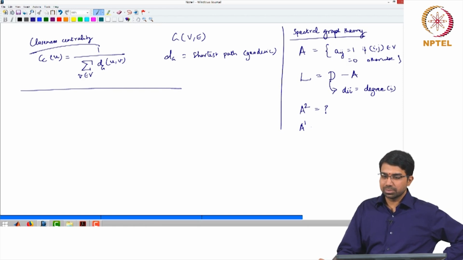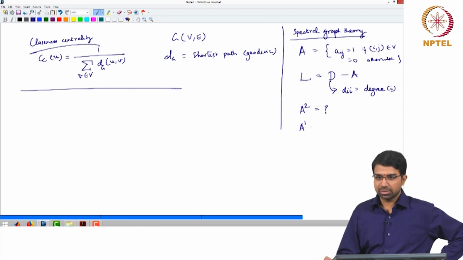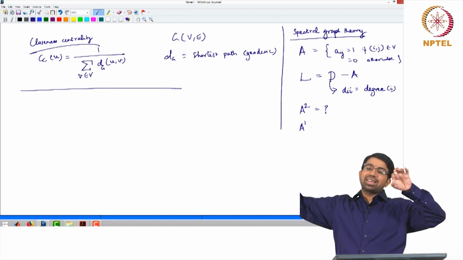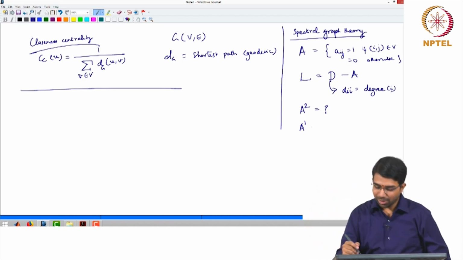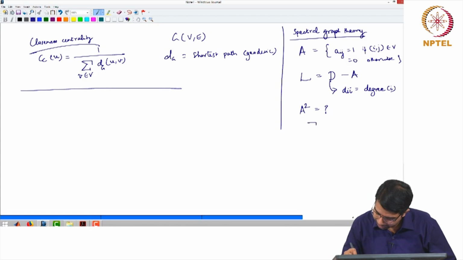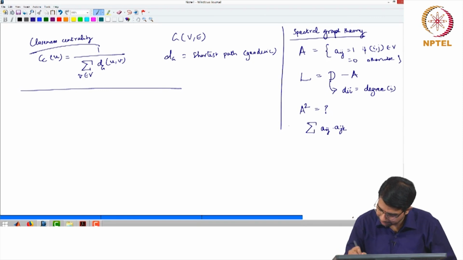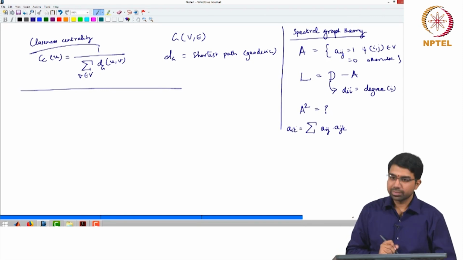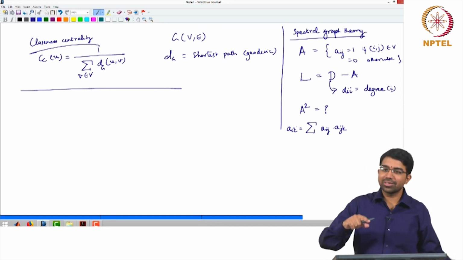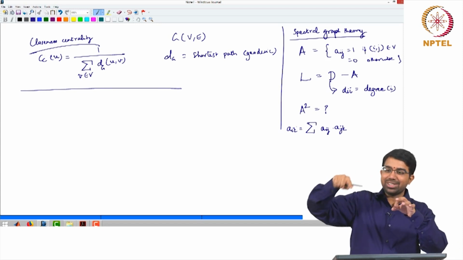A to the 2 is not a square. A squared, it is A squared. How will we get it? Because you will multiply sigma aij bjk. Let us look at what A squared is. It is sigma aij ajk. This basically tells you if there is a way to go from i to j and then j to k.